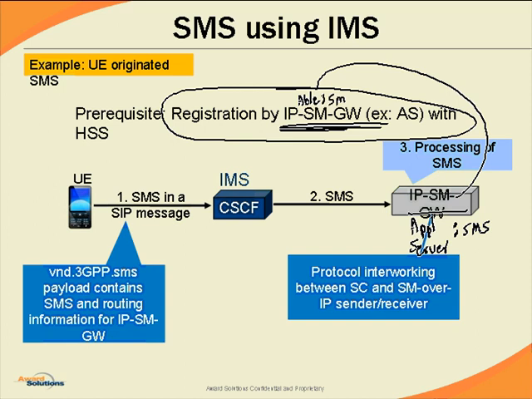Next, our UE has done the IMS registration in the past. Okay, so it means we know about the proxy, we know about the serving CSCF. Now what do we do?